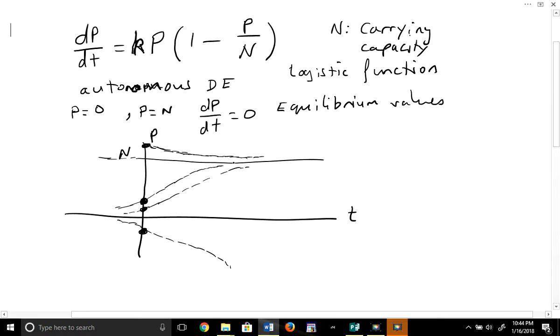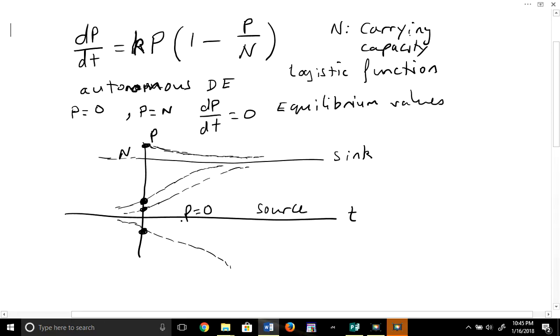But because these solution curves go towards N, we would call N a sink. All the solutions go towards N in a certain area. And then p equals 0 is the actual line where we know that solutions, no matter where you start, go away from it. So this is called a source.